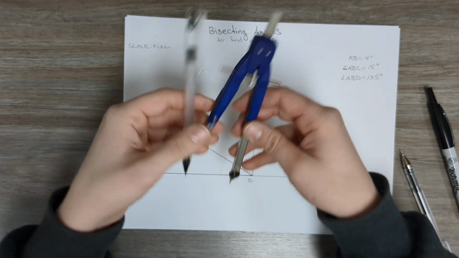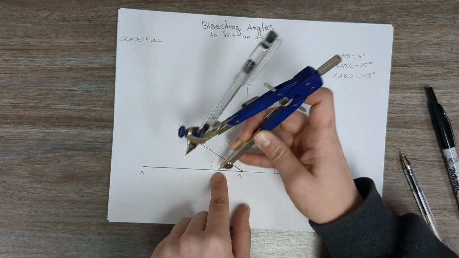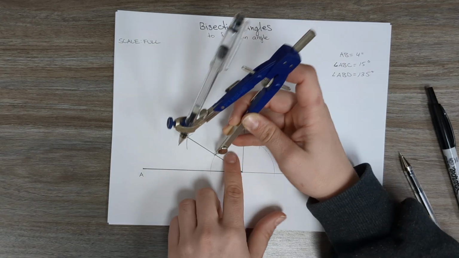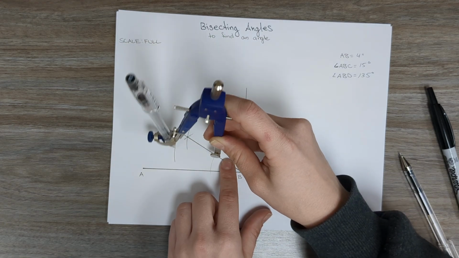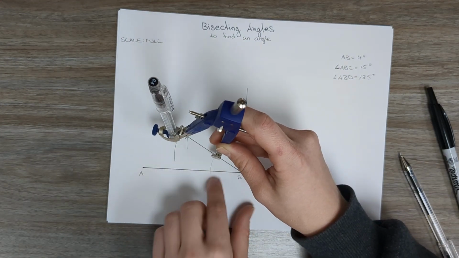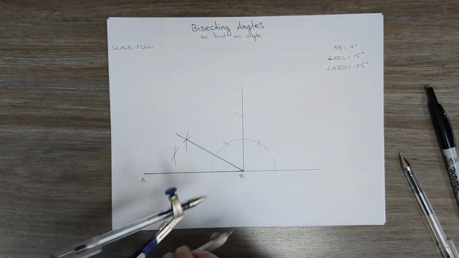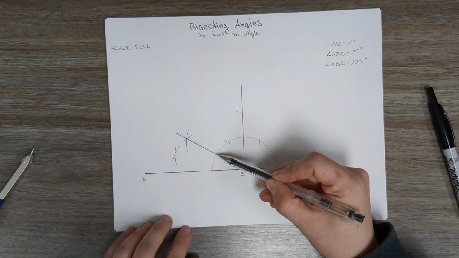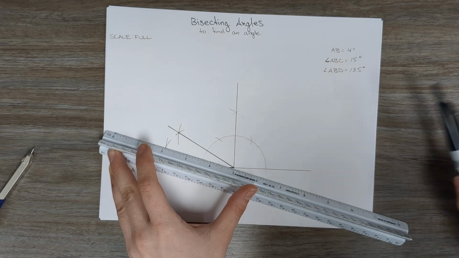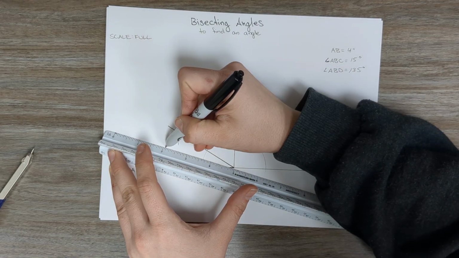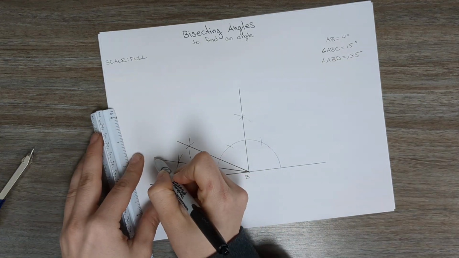So if you're struggling with this, I draw my 30 line back to B, and I come to that first arc that I made, set my compass there, strike an arc somewhere where I know halfway is, and intersect it from 0. So 0, 30, and cutting that in half, I now have 15, and I can label this C.